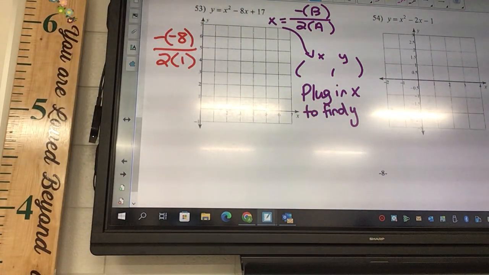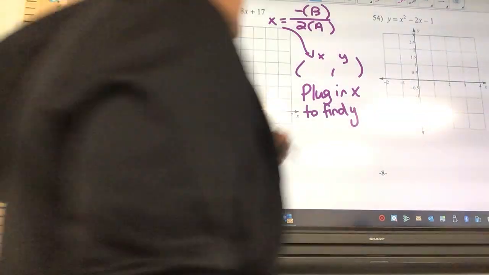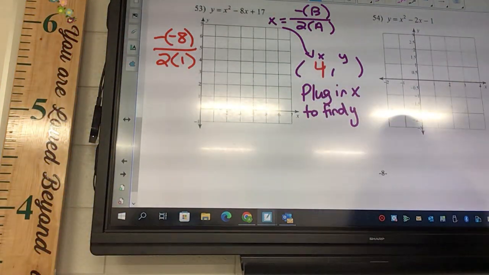You can type that in on your calculator, and you should get a 4. So we're going to put that 4 there.